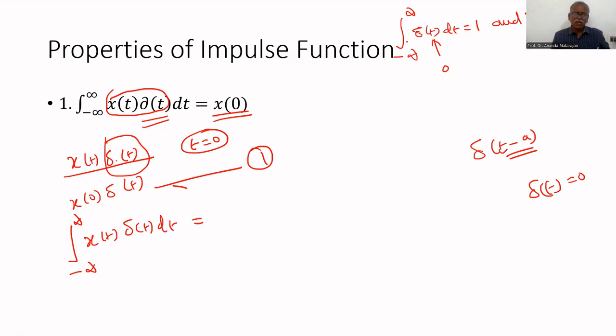Because del of t exists only at t equal to 0. These two are in product. That's why x of 0 alone can multiply with del of t. Therefore, this can be written as integral from minus infinity to plus infinity of x of 0 del of t dt.